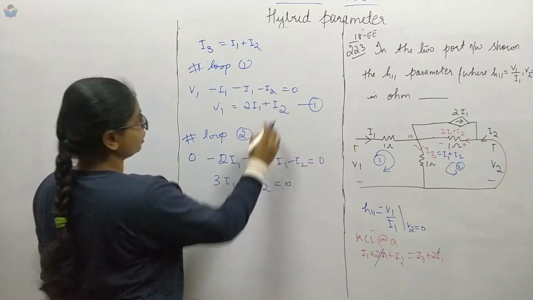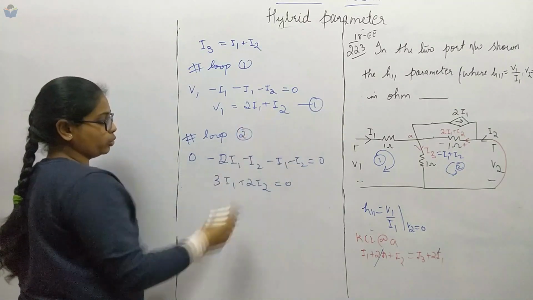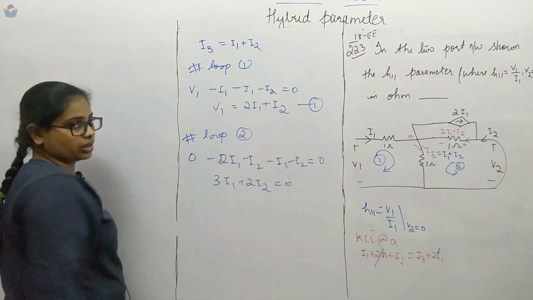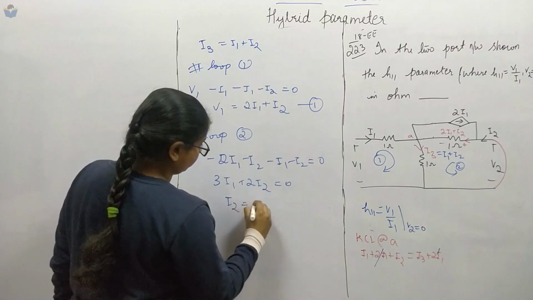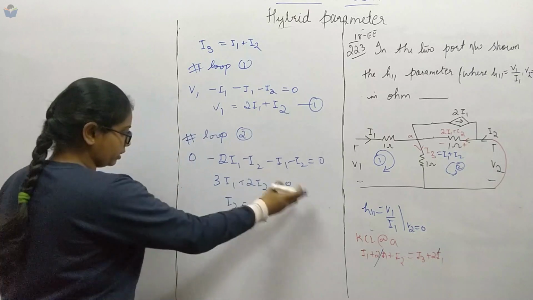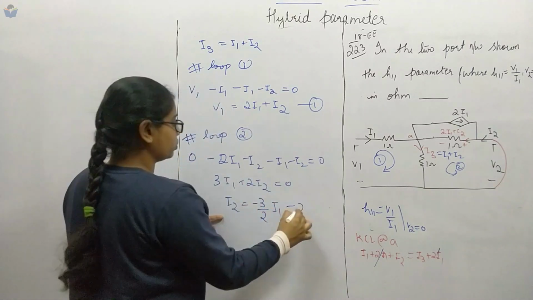Next, in this equation what I need is V1 and I1. I do not want I2. So I will write this equation in terms of I2 so that I can put it in equation 1. So I2 will be equal to minus 3 by 2 times I1. This is equation 2.